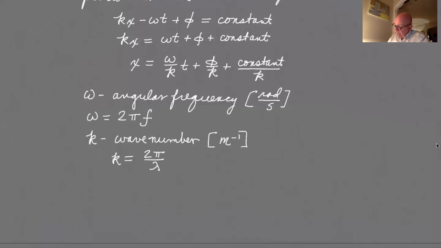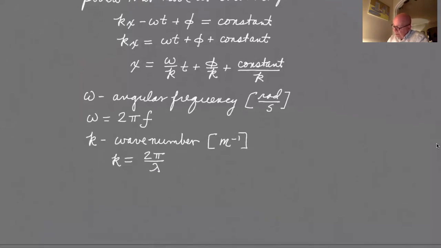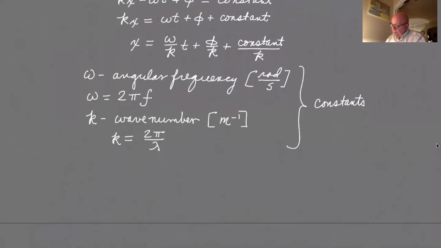Remember from our statement above, these are constants for our sinusoidal wave that is living forever.